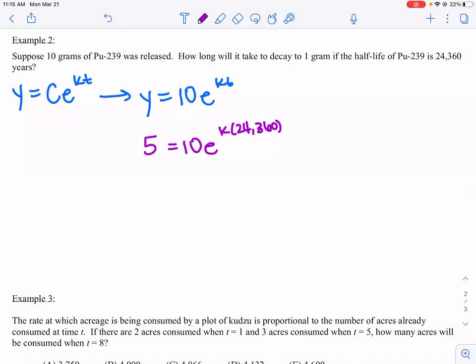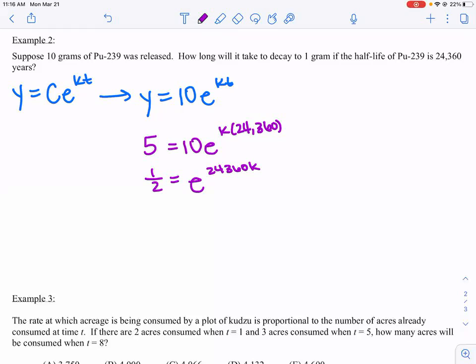We divide over 10. What do we get? Do you think it is a coincidence that we got 1/2? No, we're talking about half-life. So here's the cool part. You don't actually have to know what the initial amount is, because when you divide the amount by the initial amount, for half-life, it will be 1/2.